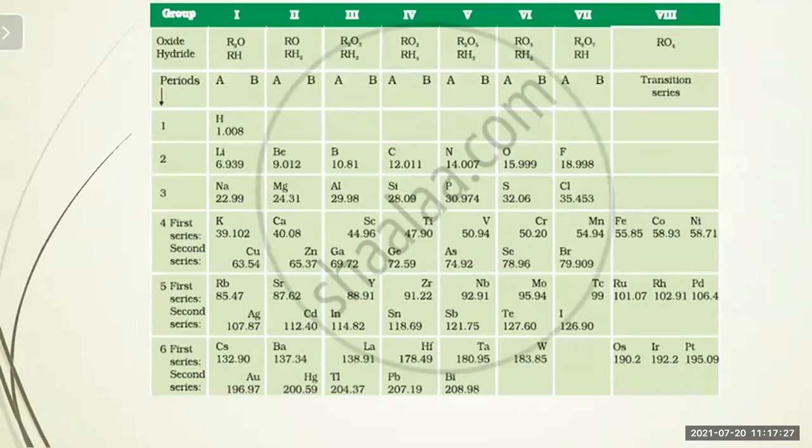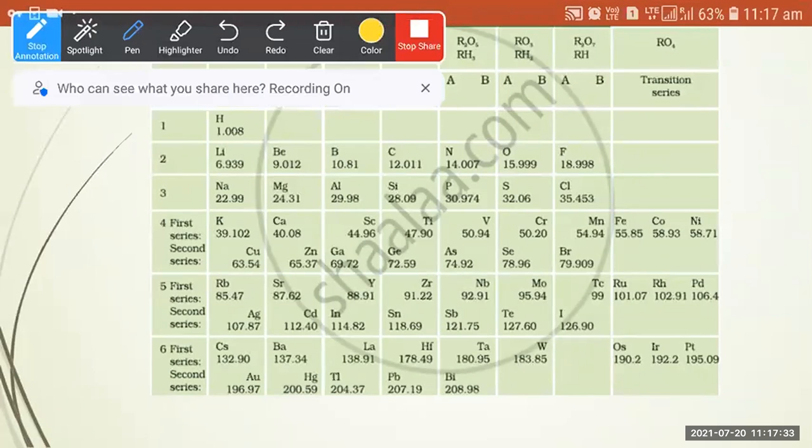So here in the periodic table, we can see here we have 44. Then we have 68.